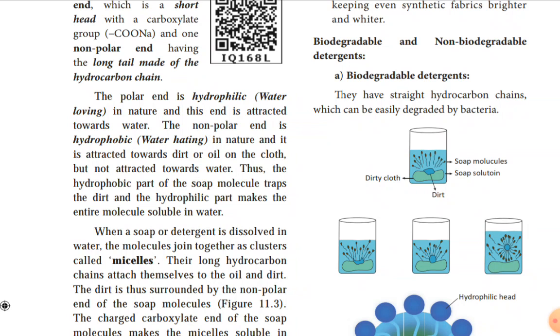So the hydrophobic part only encloses, traps, catches the dirt on the cloth. Then the polar end, the hydrophilic part, makes the entire molecule dissolve in water.